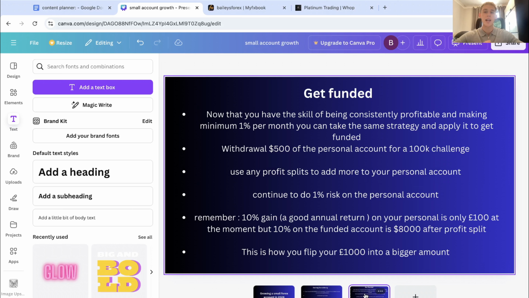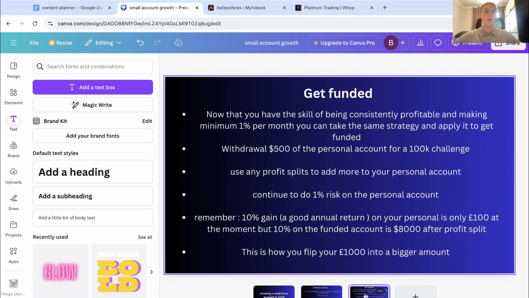And this is exactly how we go about flipping the account, because let's say we pass that challenge. We've only invested $500. Now, if we make, let's say, 2% on that 100K challenge, that's $2,000. So we've essentially flipped $500 into $2,500, which is a 400% gain.